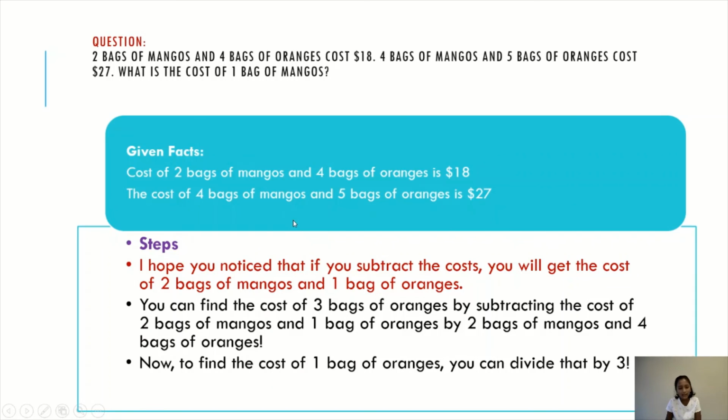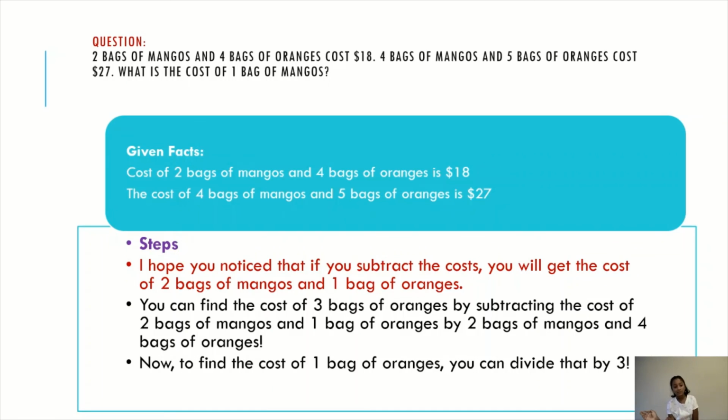So what are we going to do by knowing the cost of 1 bag of oranges? Well, now that you know the cost of 2 bags of mangoes and 1 bag of oranges, you can subtract the cost of 1 bag of oranges from that to get the cost of 2 bags of mangoes.